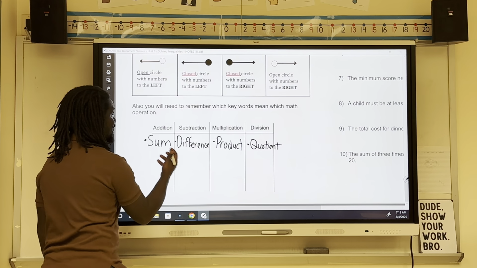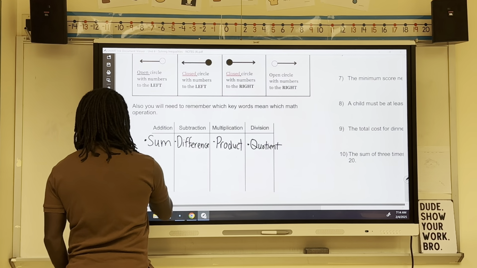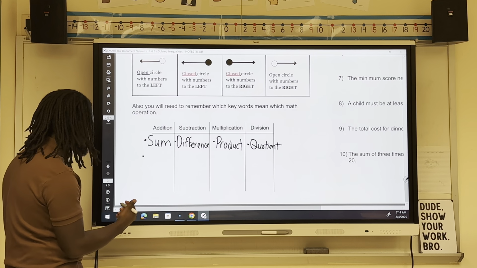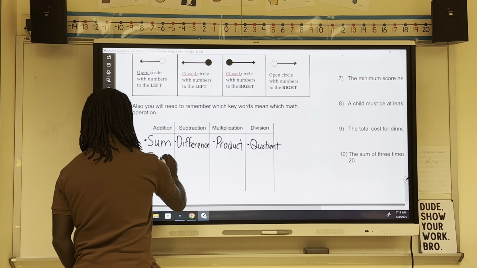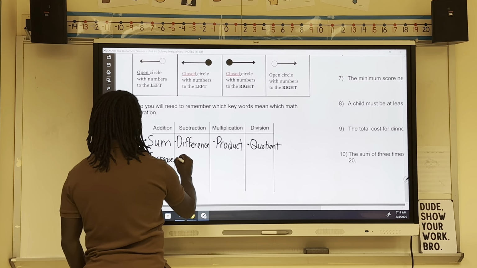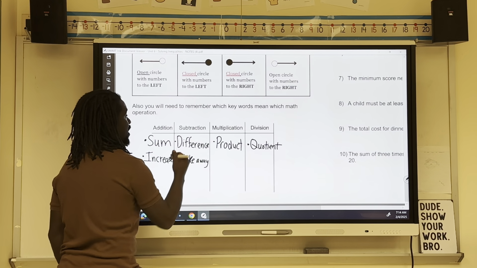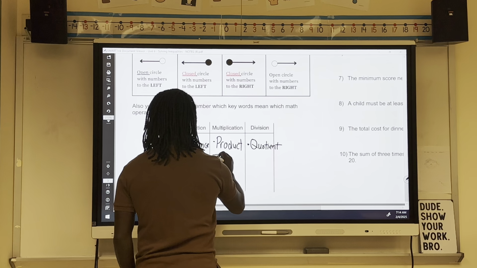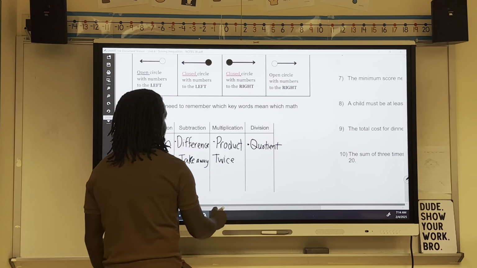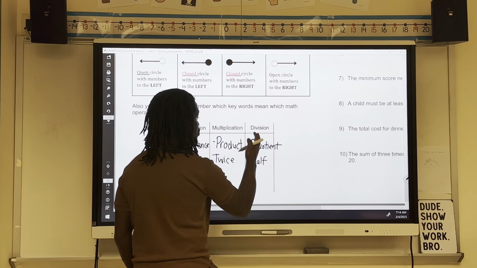We could pick some other words here, right? To add, you're adding, you are increasing, so you can say increase by. We can say decrease, take away, terms like that. For multiplication, whenever we need to do twice something, that is one that's important. For division, if you're taking half of something, you're cutting it in half.